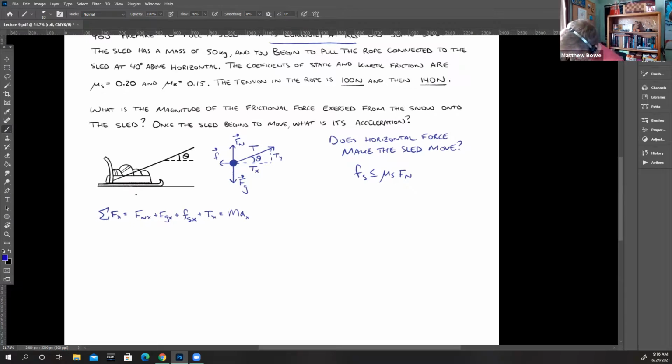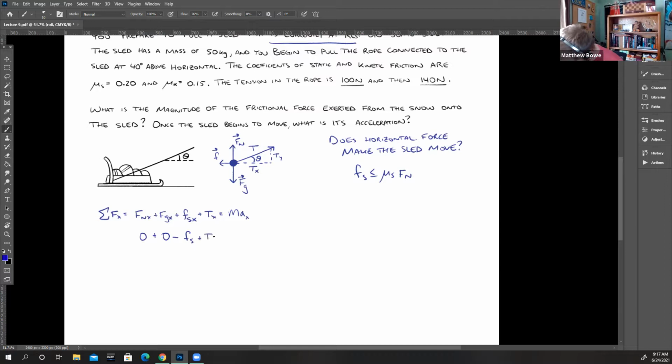Okay, so there is no normal force, there's no gravity. There is, in fact, let me make this a negative. There's a negative static friction force going to the left. And there's a positive tension to the right.